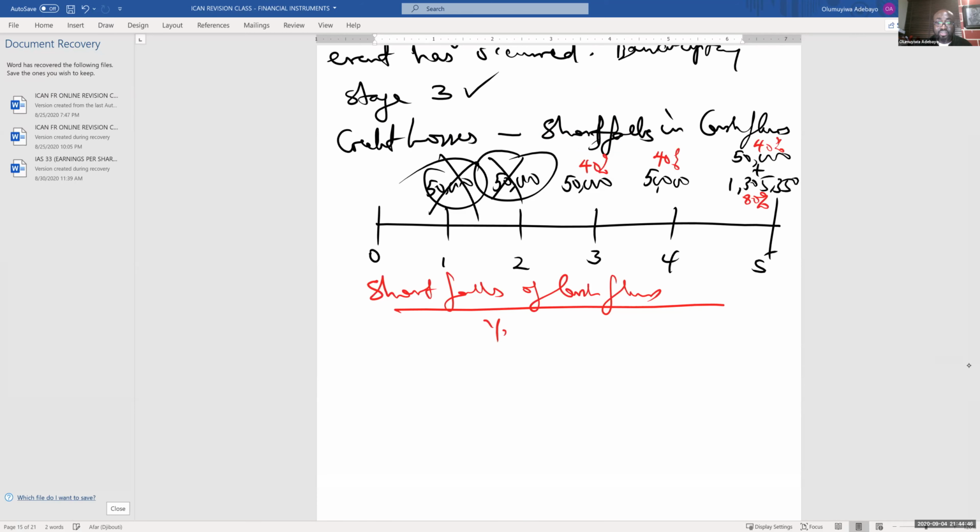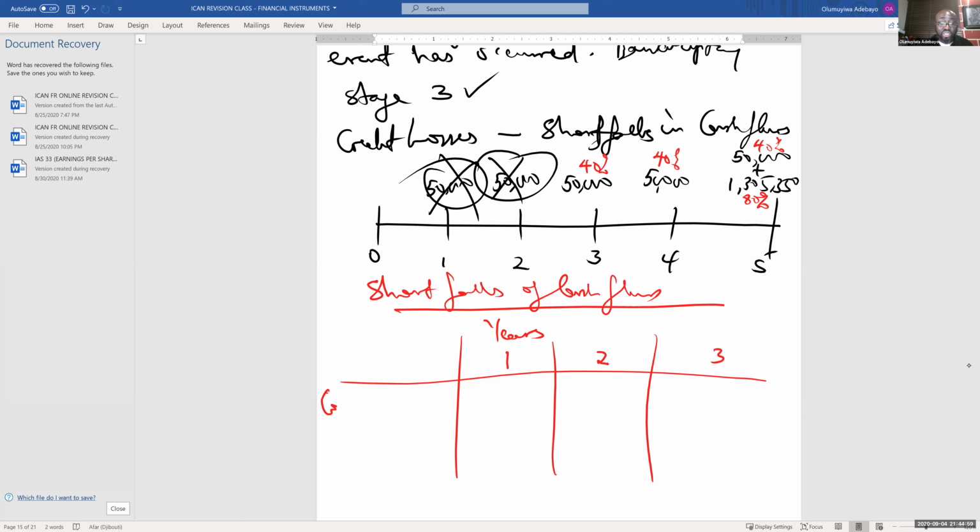Years. I have year 1, year 2, and what? Year 3. Those are the 3 years remaining. What are the contractual cash flows? I'm supposed to get 50,000, 50,000, and here, when you add this, I'm supposed to get 1,355,350, if I'm right.